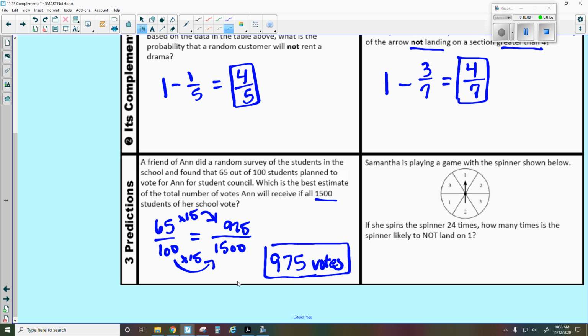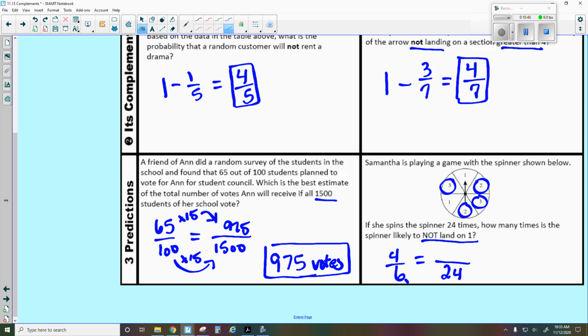All right, one more. Samantha's playing a game with the spinner shown below. If she spins the spinner 24 times, so that's going to be the total, how many times is the spinner likely to not land on 1? So I can see there are 1, 2, 3, 4 that are not 1 out of 6 total sections.